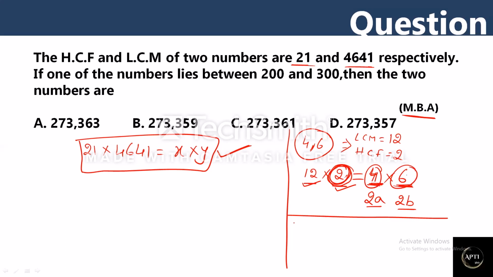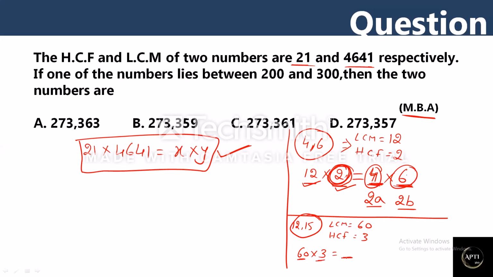Let's consider another example, 12 comma 15. Already we know the numbers. What is the LCM of 12 and 15? It is 60, correct? Now the HCF of 12 and 15 is 3. Now LCM into HCF is 60 into 3.